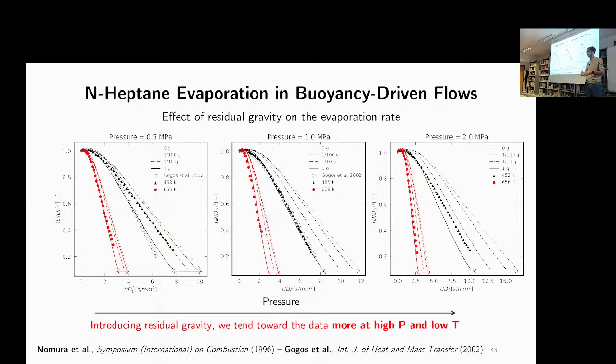Actually, these discrepancies were reported also by many other authors, but this is the only set of experimental data that we have. For sure, there may be other effects, such as Marangoni convection, the thermal effect from the solid fiber, but this is the only one that justifies this functional dependency from the temperature and pressure.